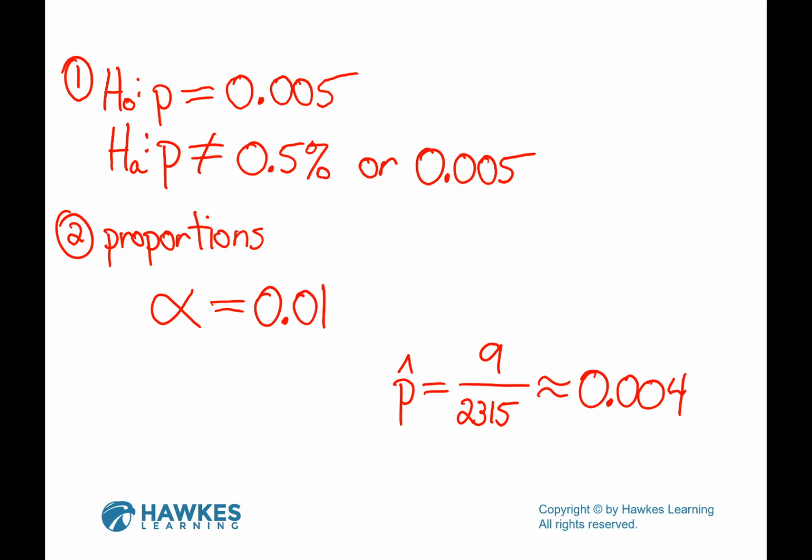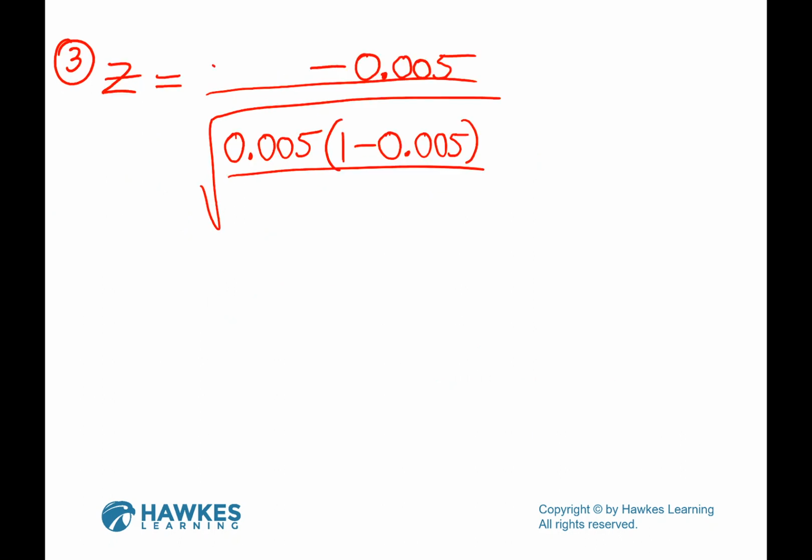So we've got our numbers. We got p hat and n. So 0.004, and n is 2315. Now we get to punch this into our calculator. So on this one, I got, let's see if that's close.